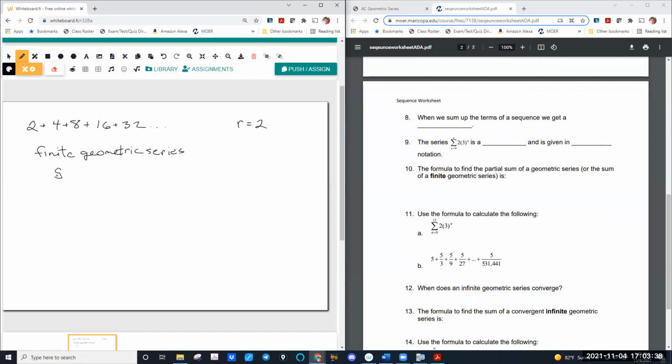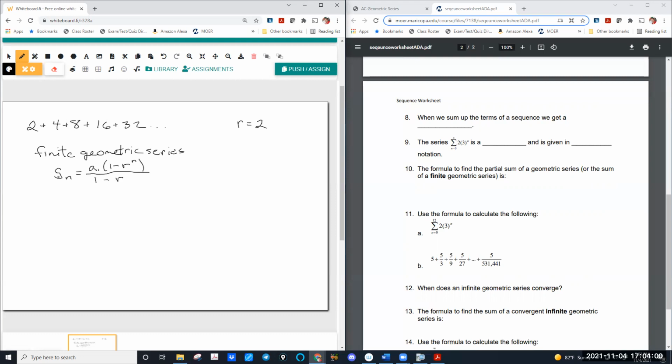To sum up the first n terms, it's the first term, which a lot of times will be denoted a sub 1 or a, times 1 minus the common ratio to the n, over 1 minus r.